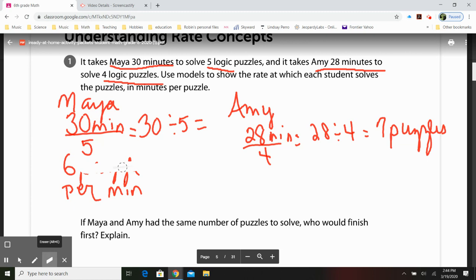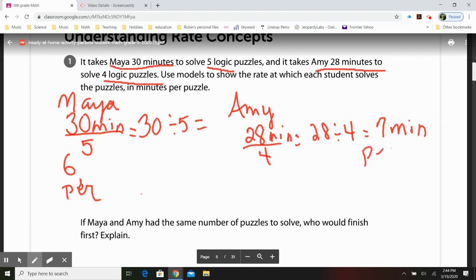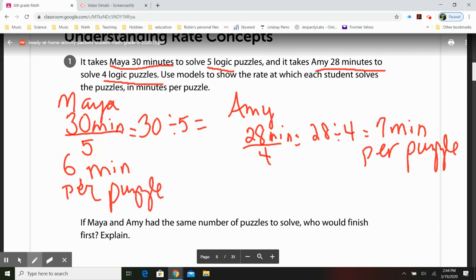So these are backwards. Sorry about that. 7 minutes per puzzle. And this one is 6 minutes per puzzle. Okay, so we figured that out.